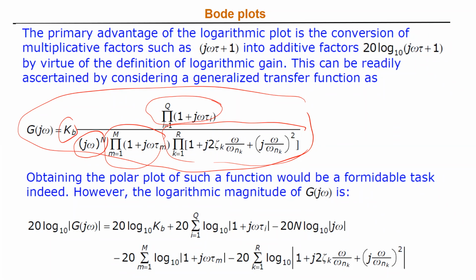Yeah, and basically, suppose I have G of s equal to, let's say, 5 (s plus 1) over s squared (s plus 3)(s squared plus 7s plus 1), something in this format, the regular form. Substitute j omega for s.